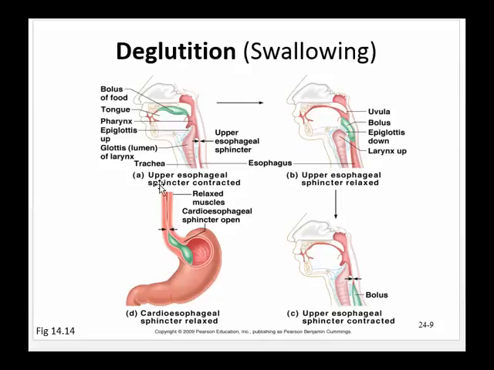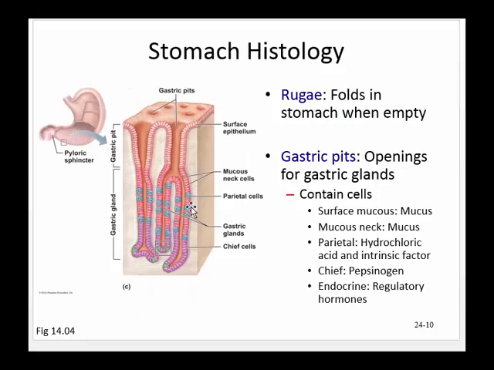Once the food is in the stomach, then a number of other things are going to occur. The stomach is quite unique in that it's really just a storage tank for food until it gets broken down. And depending on what you've eaten and how much, it takes anywhere from 4 to 6 hours to empty the stomach.